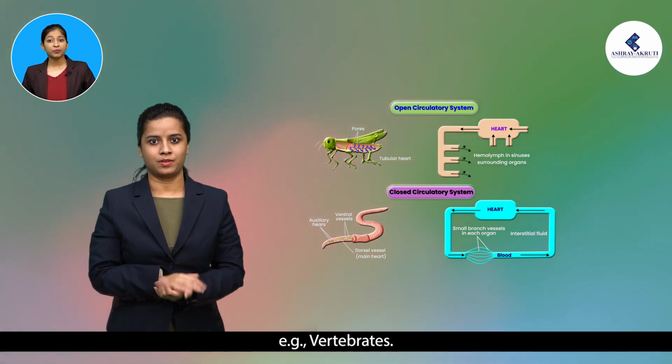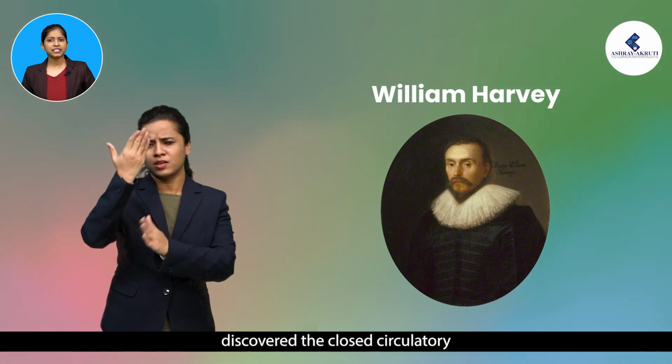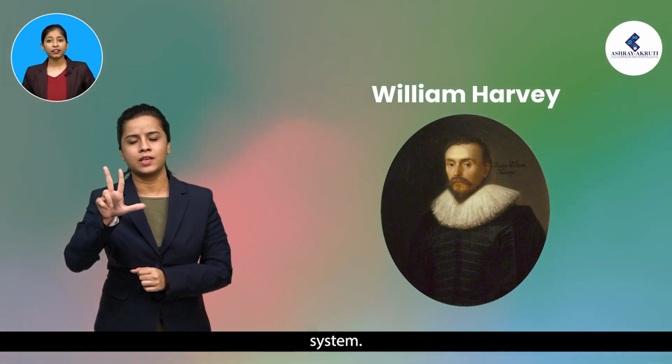Example: vertebrates. William Harvey, 1628, discovered the closed circulatory system.